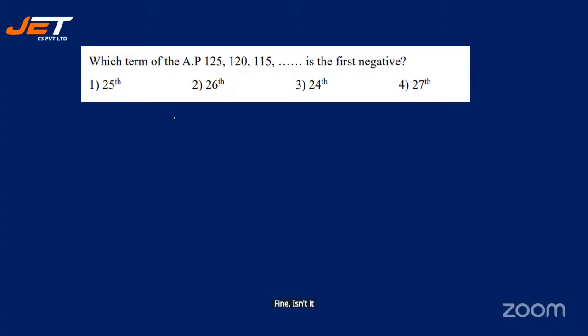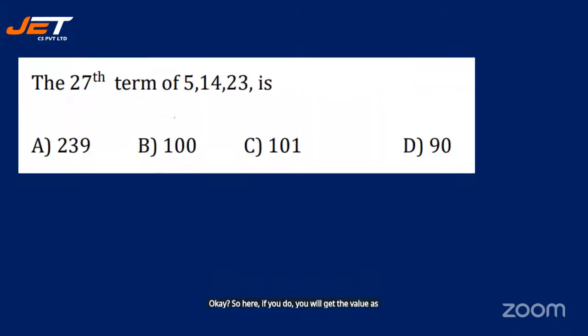So the common difference is 5. If it is possible, you can bring out 115, 110, 105, 100, 95, 90, like that, and then you can quickly check which term is the first negative term. Okay. So here, if you do, you will get the value as 27.